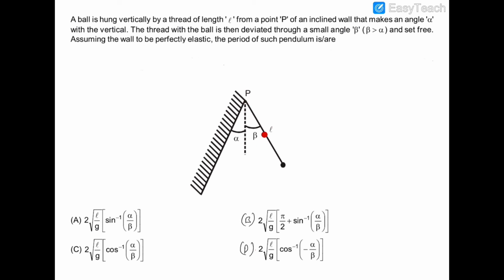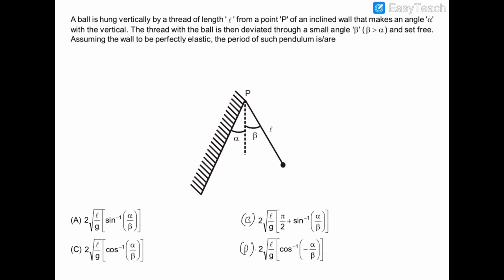It has an amplitude of beta, and when this ball passes through the mean position and goes to the other side of the mean position, it encounters a wall on which it has a perfectly elastic collision, and it bounces back and then comes again to the original amplitude beta on the other side of the mean position.